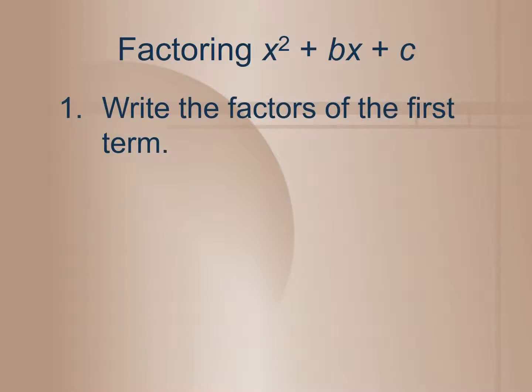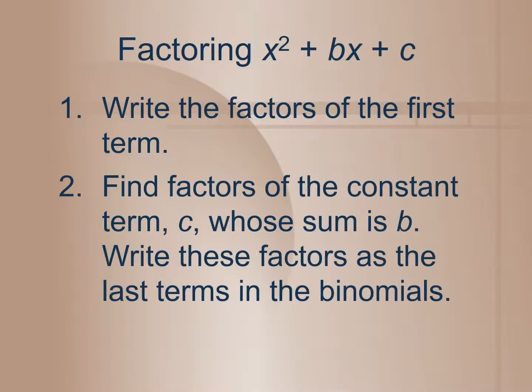So these are the steps on factoring a trinomial that is in the form of x squared plus bx plus c. The very first thing is we want to write the factors of the first term. The second thing we want to do is find factors of the constant term, which is c, whose sum is going to be b, which is the number in front of the middle term.